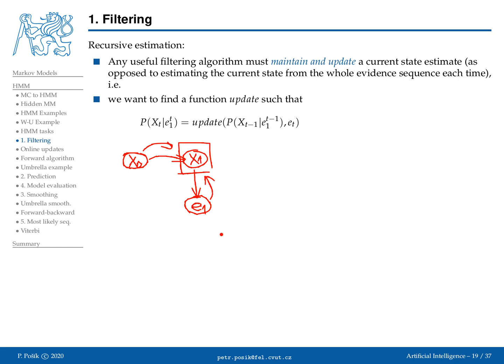And then something again happens, right? The time advances. There is the new state x2, which you can't observe. And you will observe a new value of the emission from the model.